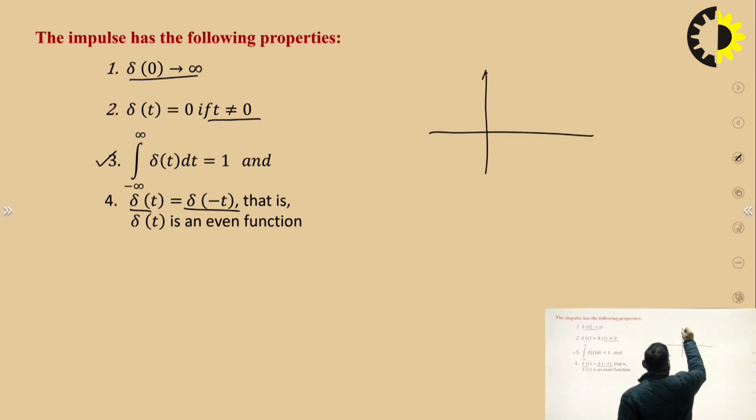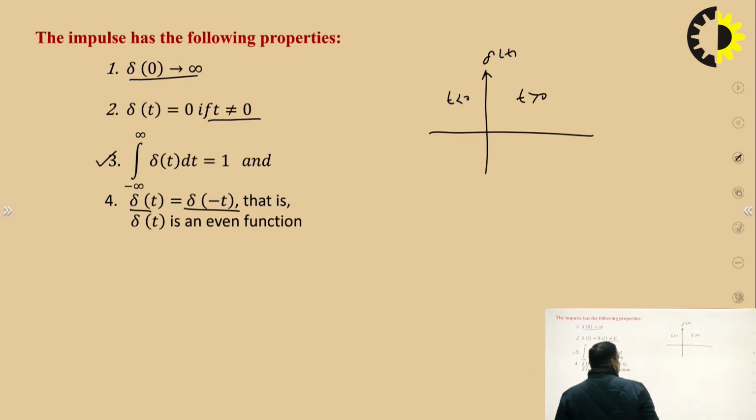This is your delta(t), and this is t greater than 0 and this is t less than 0. So basically it is an even function. When delta(t) is equal to delta(-t), this is the definition by which a function is said to be even. What is the definition of an even function?